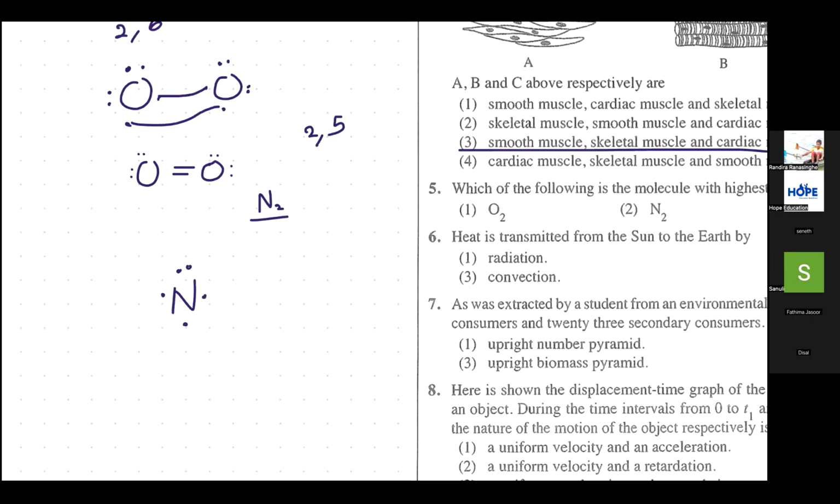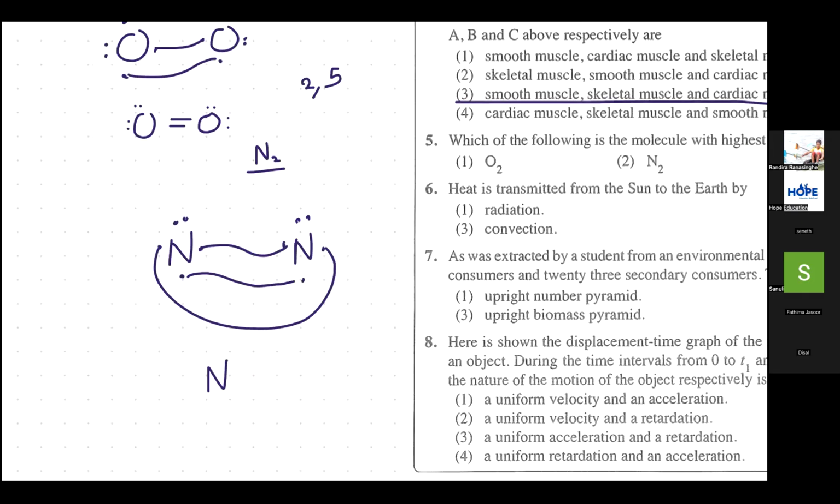If I take another nitrogen, 1, 2, 3, 4, 5. So this is a lone pair, so they don't form bonds, but this one forms a bond with this, this one forms a bond with this, and this one forms a bond with this. So nitrogen will make 3 bonds. Like this. There are 3 covalent bonds.